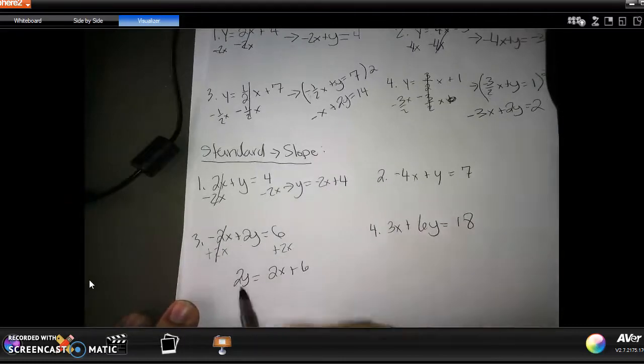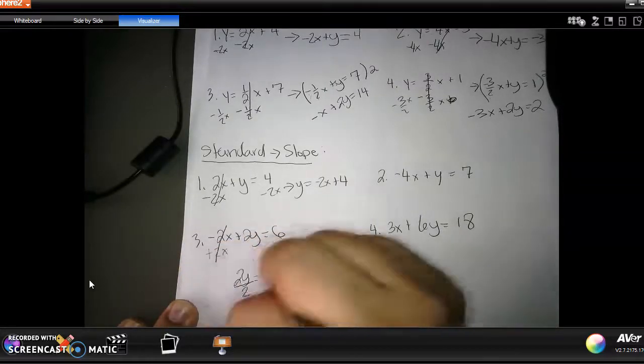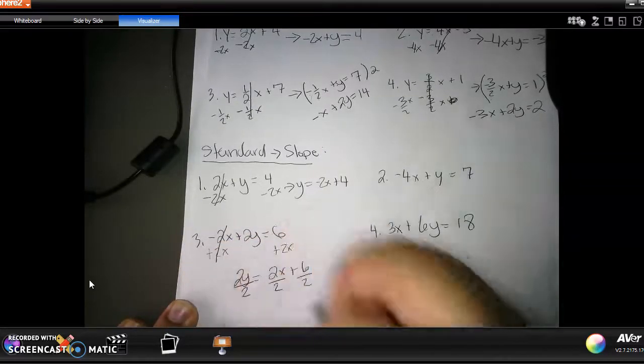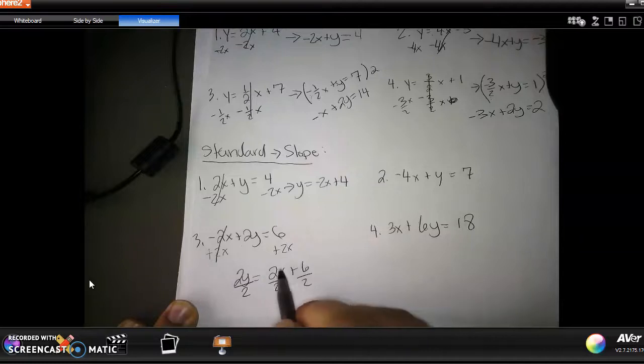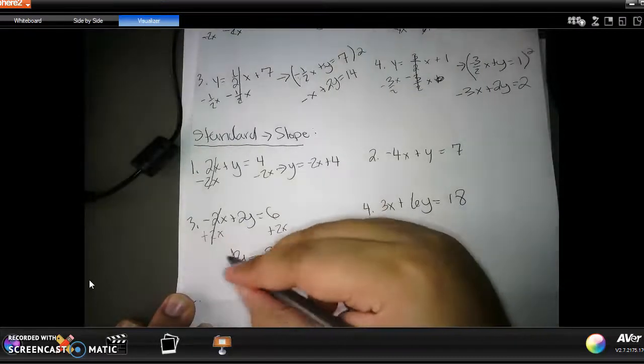Okay? Well, it's y equals mx plus b, not 2y equals mx plus b, or another number with y in front of y. So to get rid of this and make it just y, you have to divide by the number in front of y. And if you divide over here, you have to divide over here as well. Okay? So when we divide, these cancel, because they're 2 and 2 on top.